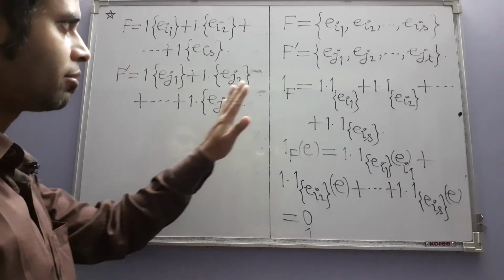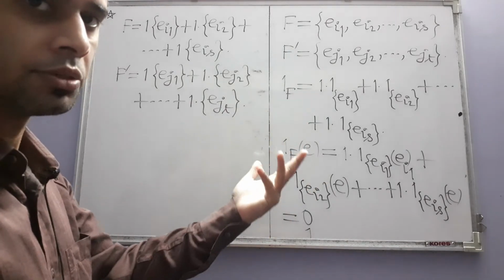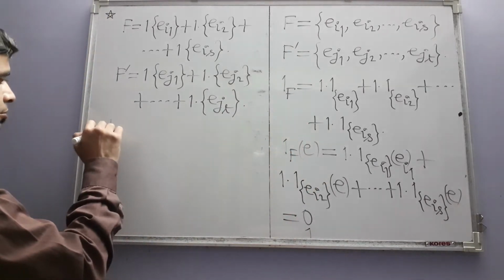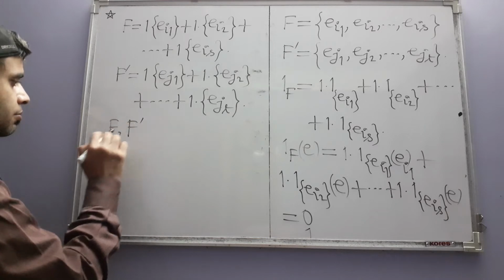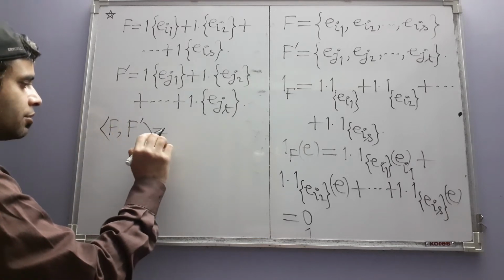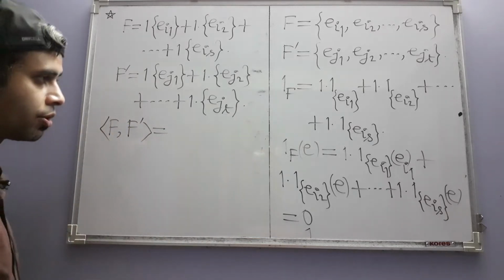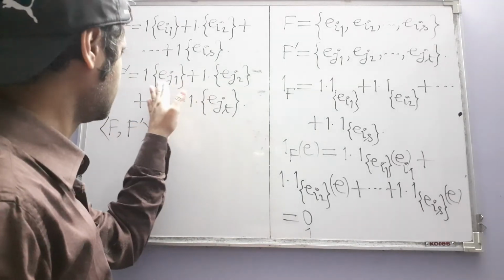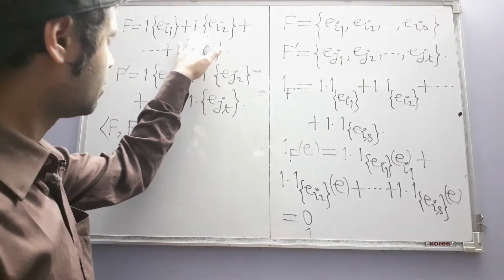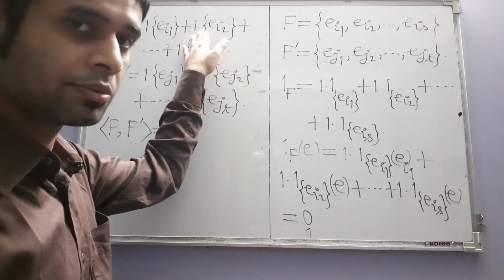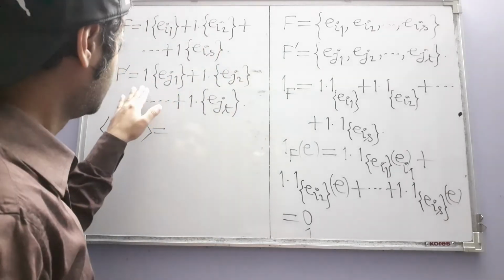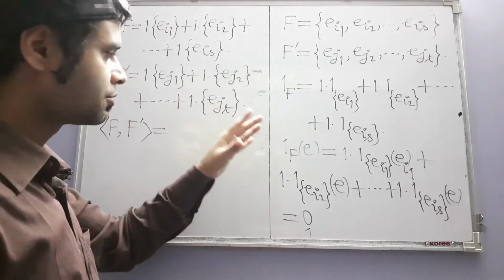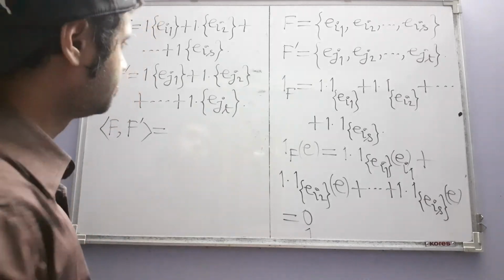Now, according to our definition of that product between F and F prime, we have to take the sum of products of these coefficients. These are lambda 1, lambda 2 up to lambda m. These are lambda 1 prime, lambda 2 prime up to lambda m prime.